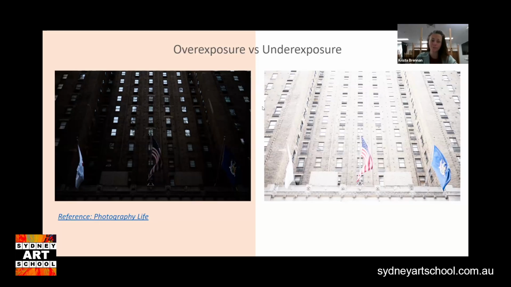The answer is underexposed is better. The reason why underexposed is better is because when a photograph is overexposed, any elements that are getting blown out, that are too light, will be completely lost.